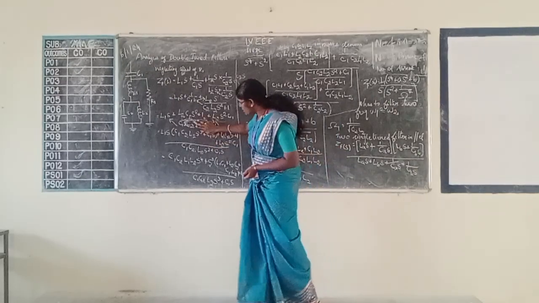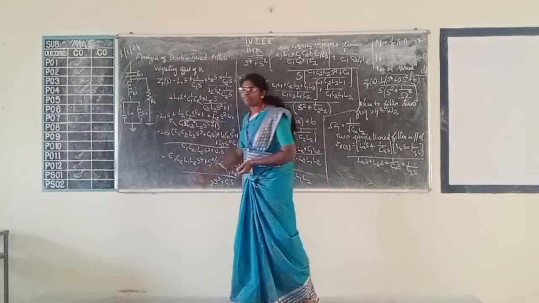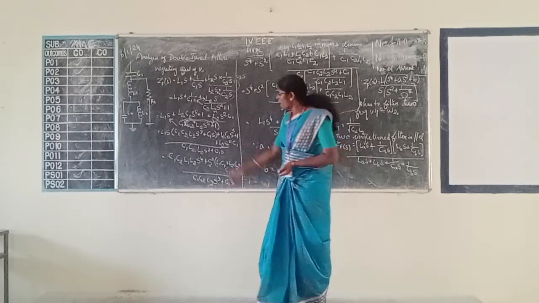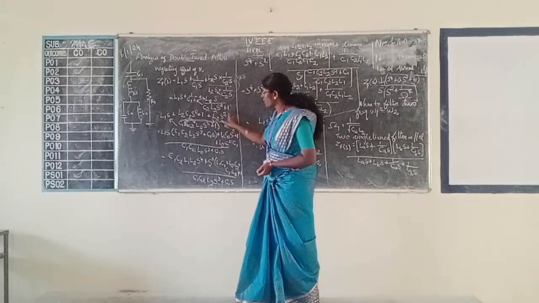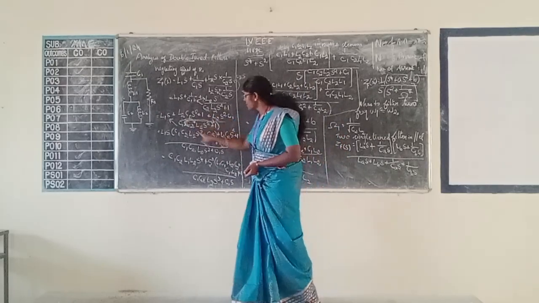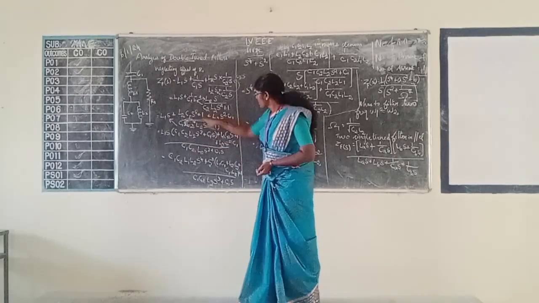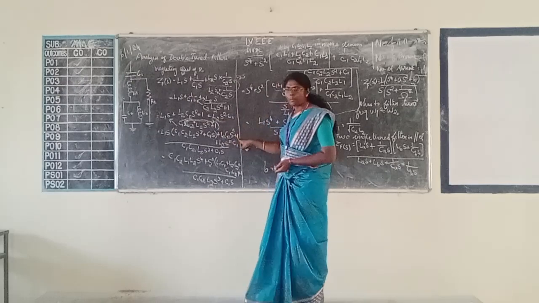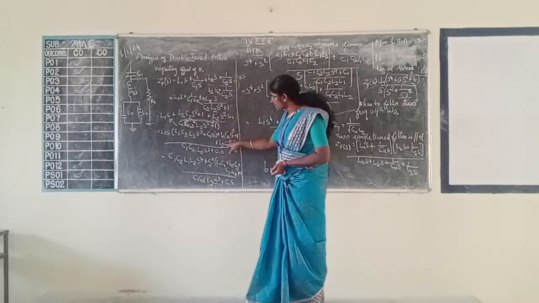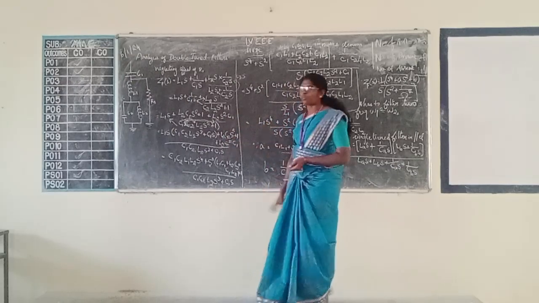Now this denominator is being multiplied with the first term L1s. The remaining term is L2C2s squared plus 1, along with plus L2s squared C1.